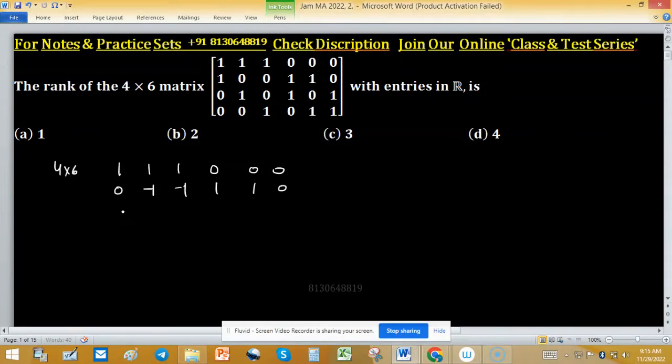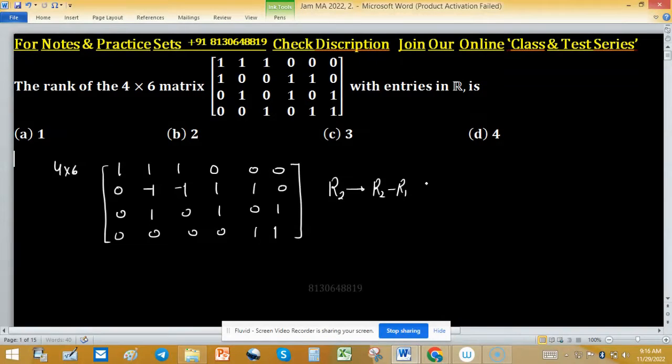Third row is 0 1 0 1 0 1. Fourth row is 0 0 0 1 1. This is our first equivalent matrix obtained by the elementary row operation R2 minus R1.